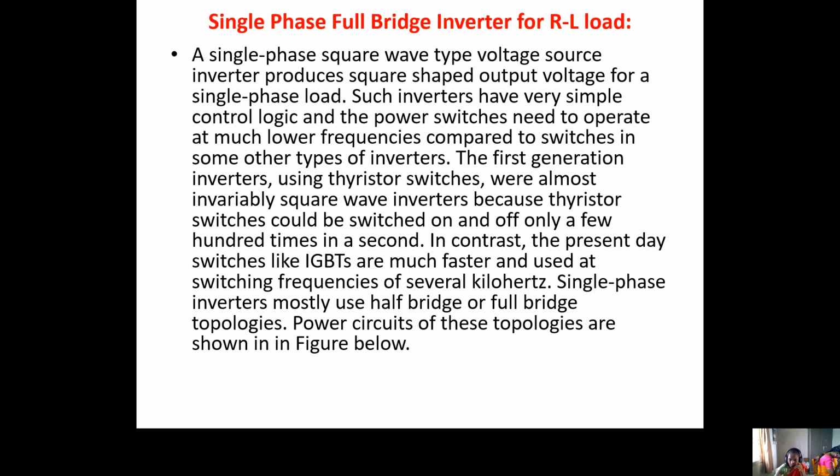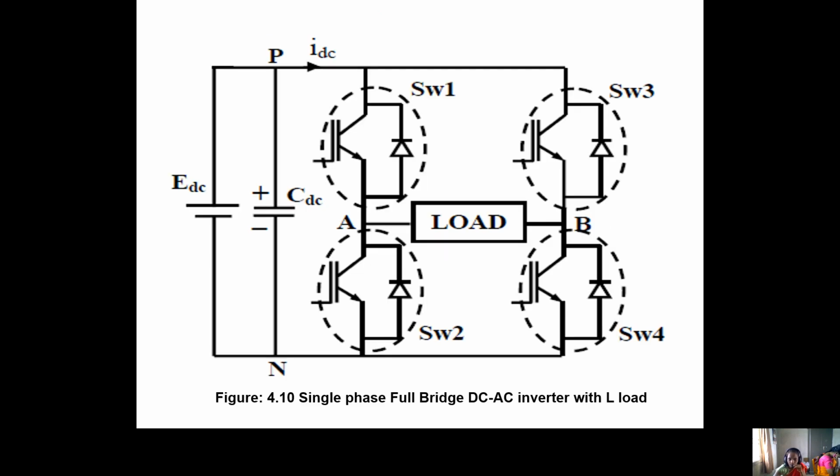Why? Because here the switches will be turned on and off simultaneously. Single phase inverters are mostly used in half bridge or full bridge topology. So the power circuits of these topologies are shown in the figure. So this is a single phase full bridge DC to AC inverter with inductive load.